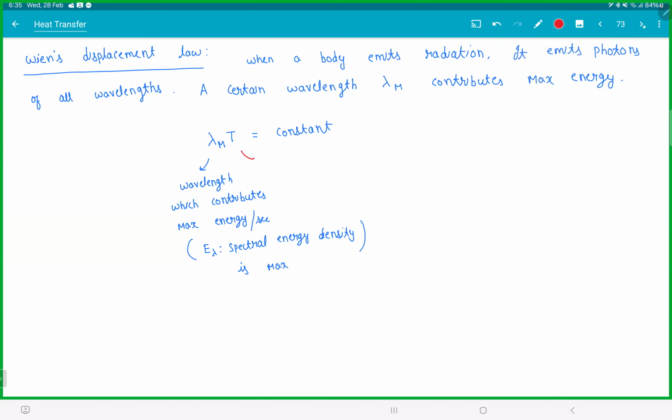T is the temperature of the surface. For black bodies, the value of this constant is 2.88 into 10 power minus 3 meter Kelvin.